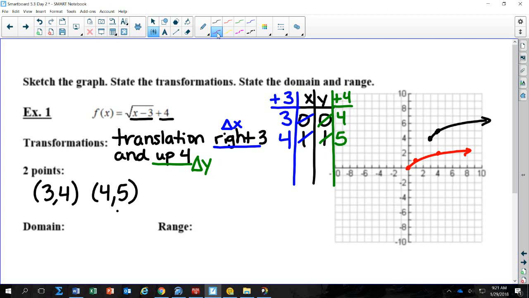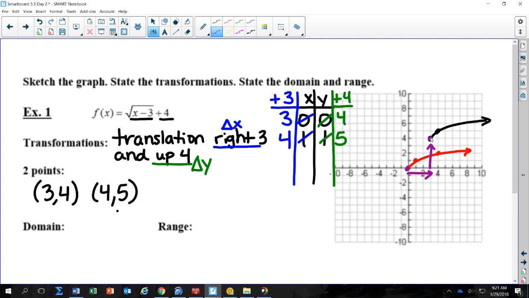If I take my parent function and shift it right 3, 1, 2, 3, and up 4, is this starting point going to land on my new starting point? Yeah. You just want to make sure the graph you draw makes sense with the transformations you were given.